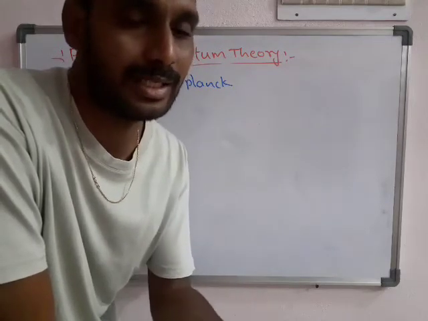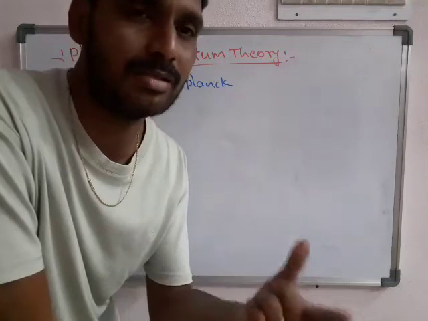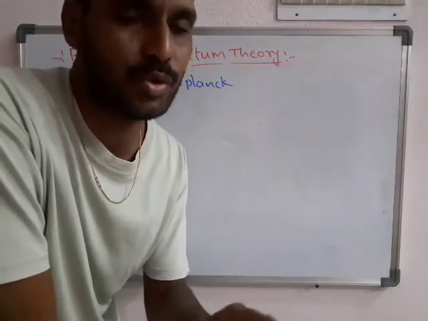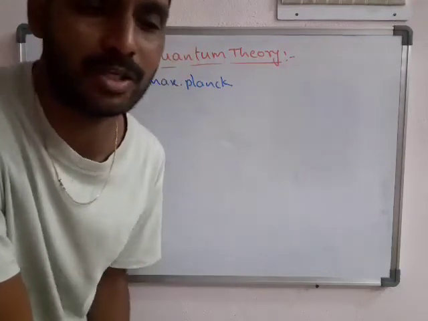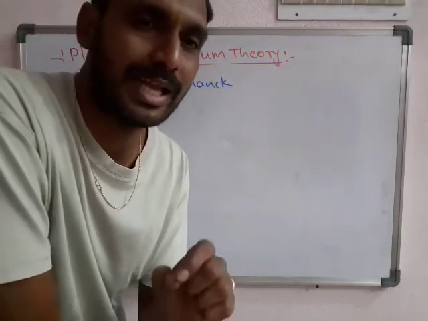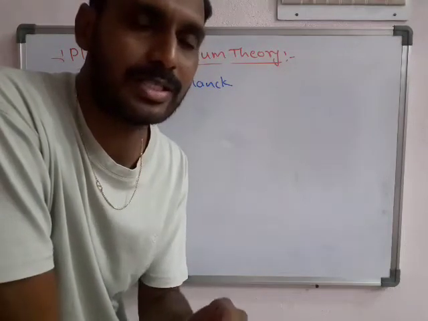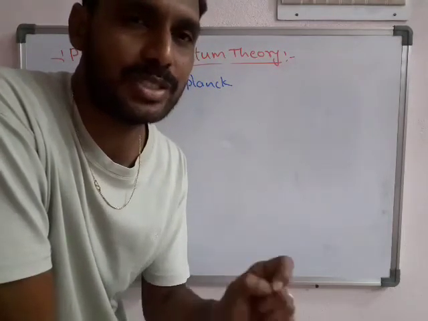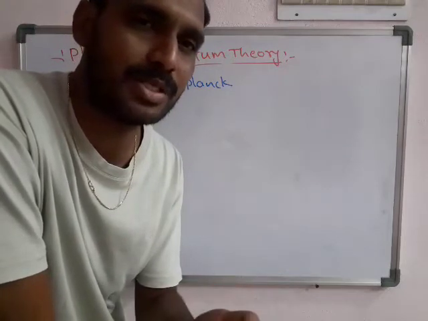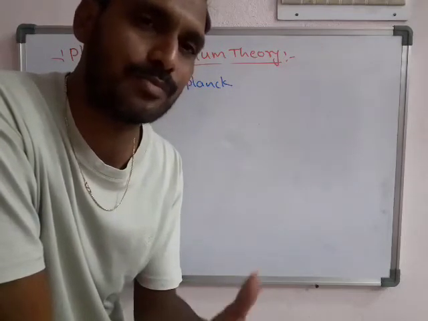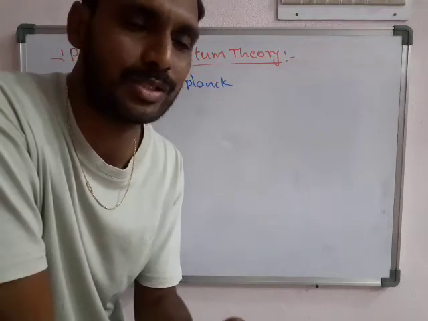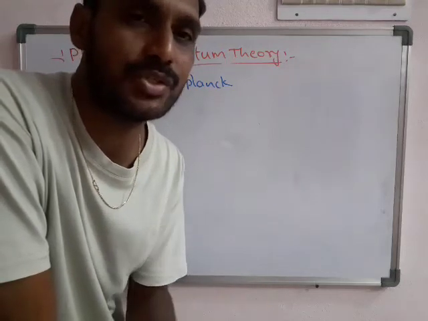Okay, that absorbing energy or releasing energy is not continuous. This is the main point in the quantum theory, that the emitted energy or absorbed energy is not in a continuous manner. The energy emitted by an object or absorbed by an object is in a discontinuous manner.